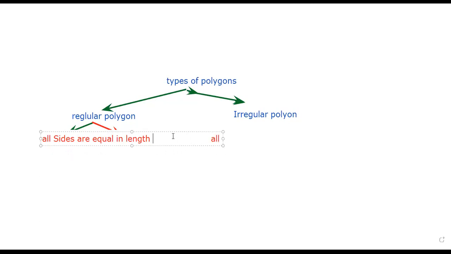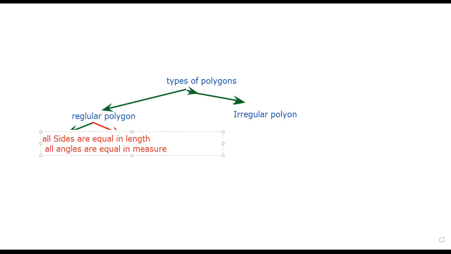Exactly. So the second one is all angles are equal in measure. Could you please give me an example of a regular polygon?